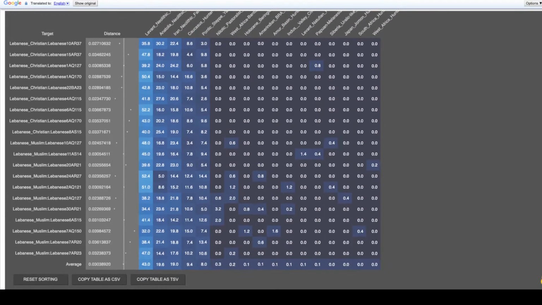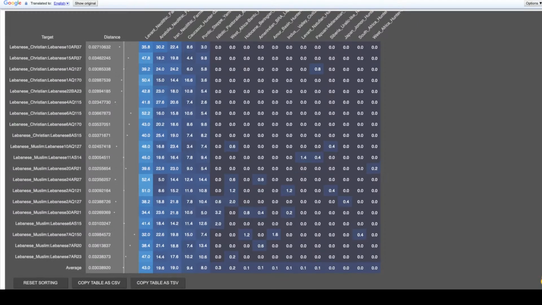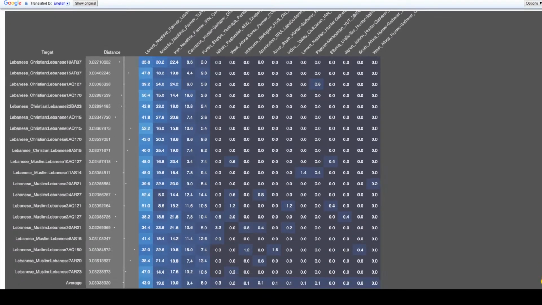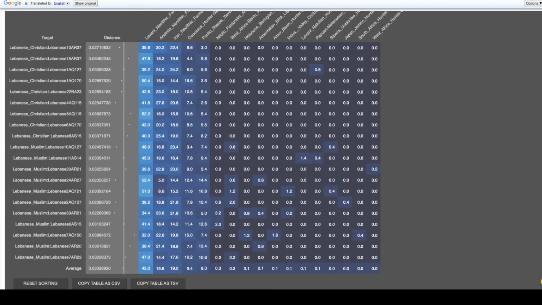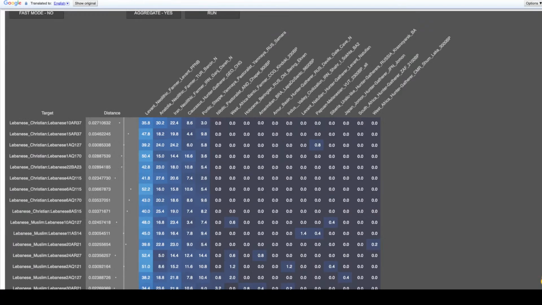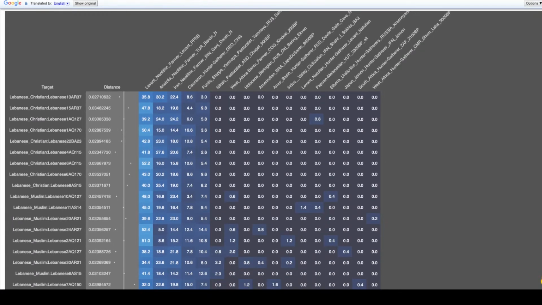So we see the averages at the bottom. We're looking at Levant pre-pottery Neolithic B at 43%, Anatolia Neolithic farmer, Turkey Neolithic, so this sample is used for the early European farmers.